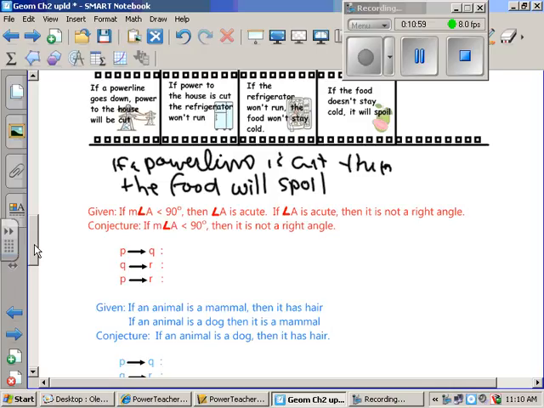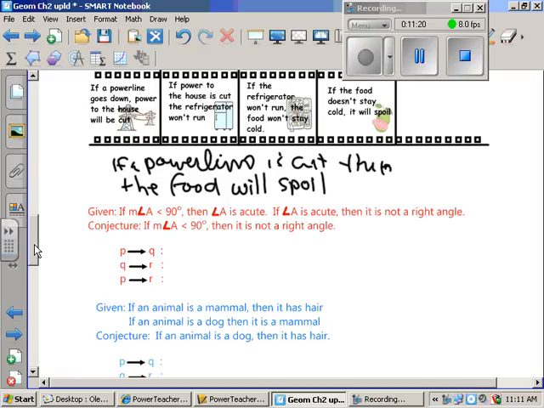Okay. We're given that if the measure of angle A is less than 90 degrees, then angle A is acute. If angle A is acute, then it's not a right angle. So our conclusion could be first P and then R. But let's work through that. So what's if P then Q?